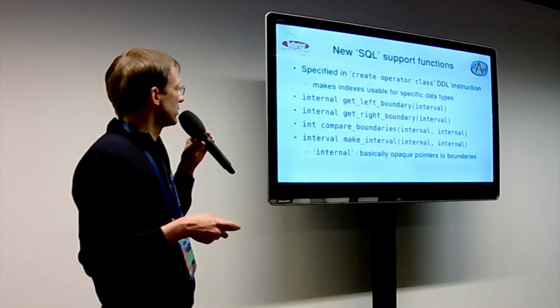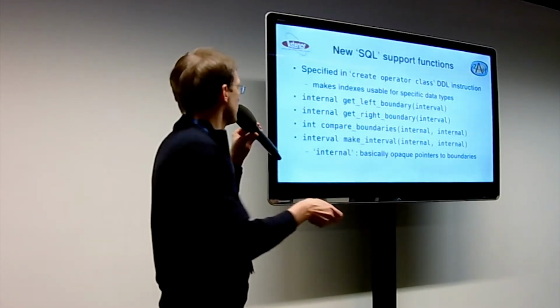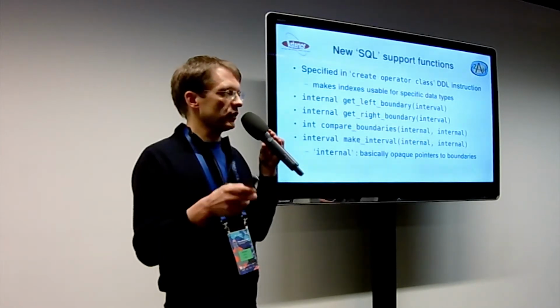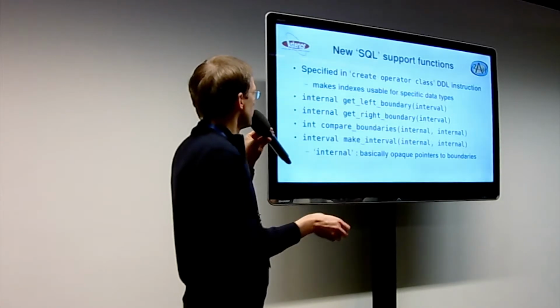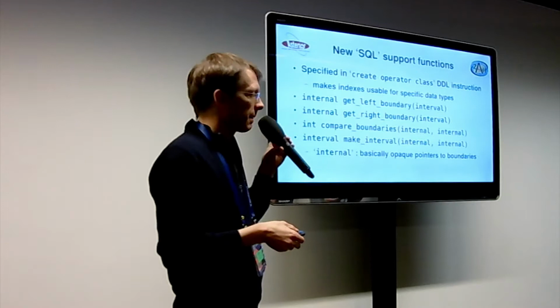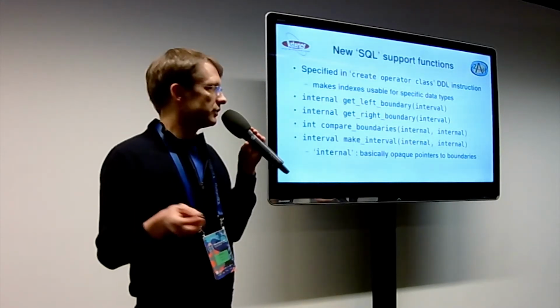And it's very simple. You just need to get some internal representation, basically a pointer that only you as the implementer know what to do with. So a pointer to a left boundary of an interval, a pointer to the right boundary of the interval, a function to compare boundaries of the interval.